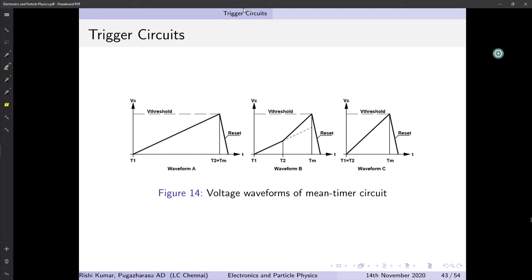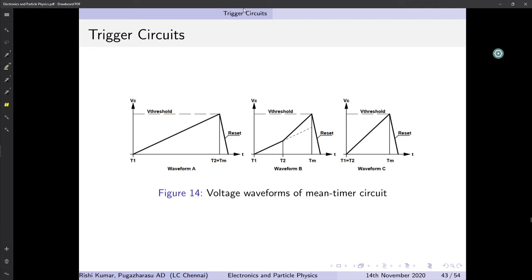The total time which is required by the ramp to go beyond a fixed threshold, actually there's a linear relationship between the mean arrival time and the fixed threshold.